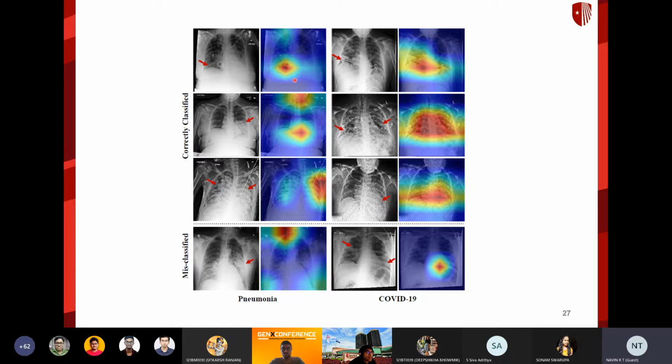Class activation maps, as some of you may know, basically provide information regarding which regions in the image the algorithm focuses its attention on to give you its results. So we can see that for the most part, the algorithm focuses on regions where there are COVID infiltrates. However, there are cases of misclassification as well, as you can see here.